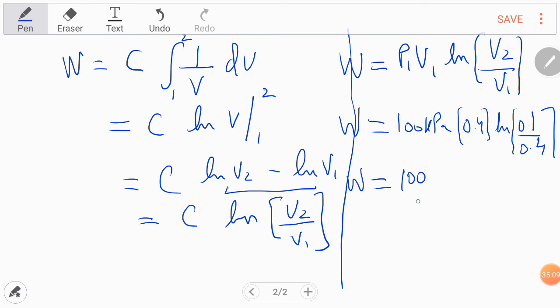So we leave the kilo format and get the answer in kilojoules. So 100 multiplied by 0.4 multiplied by ln 0.1 upon 0.4 gives the value of minus 1.38.